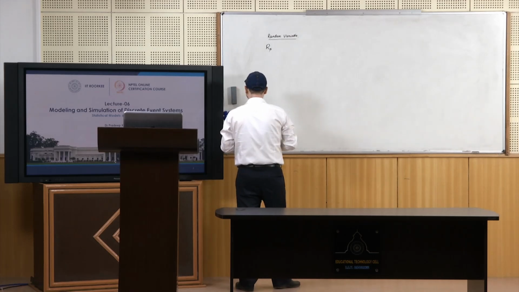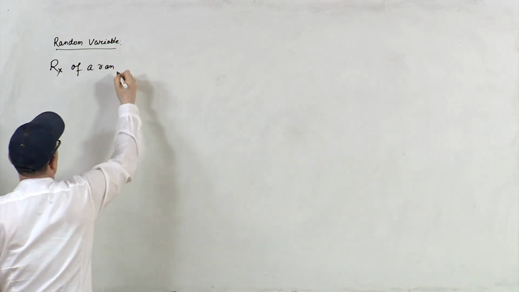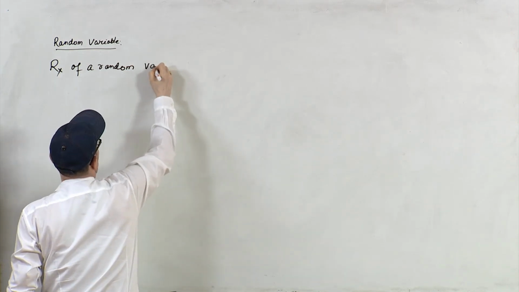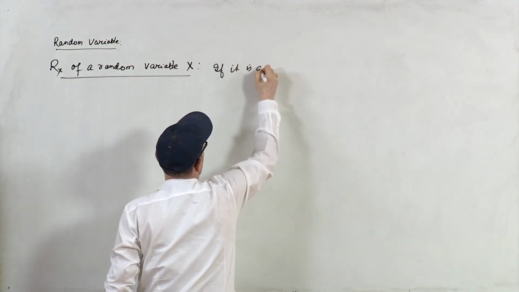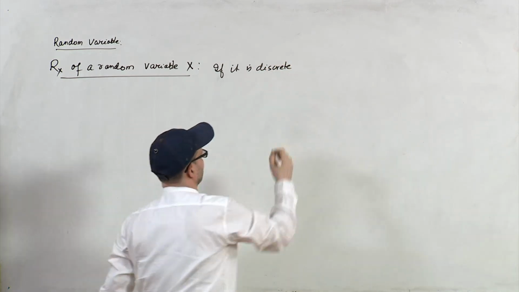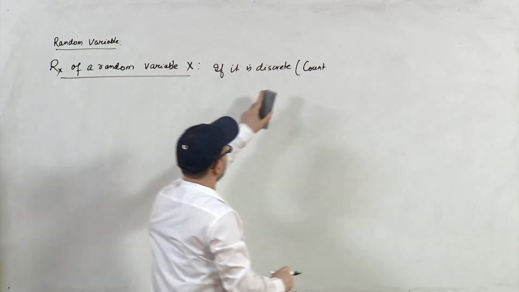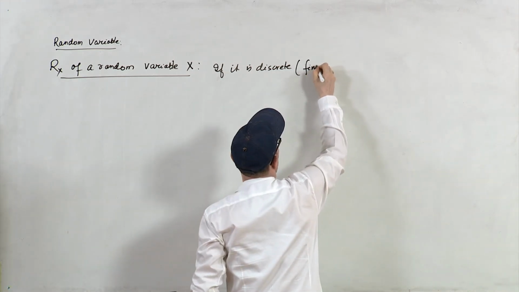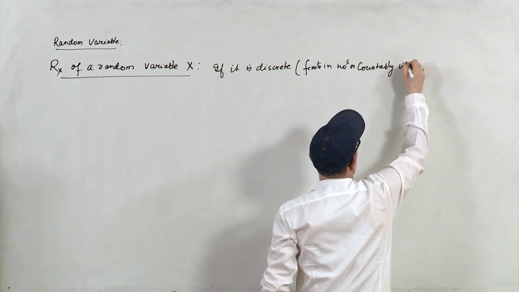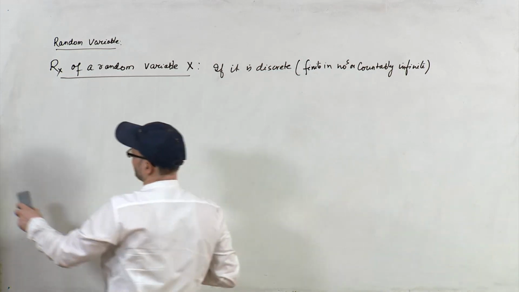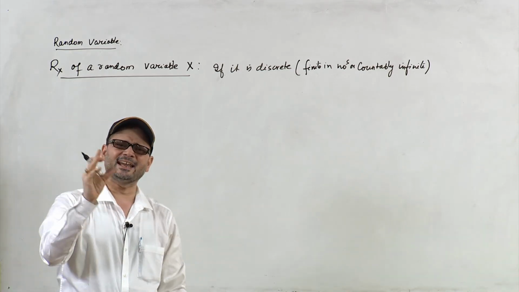Now, they are defined like this. Rx, the range space of a random variable X, if it is discrete, that is, if it is countable, finite in number, or countably infinite, then Rx will go from one value to another, and the value which it attains is normally xi.